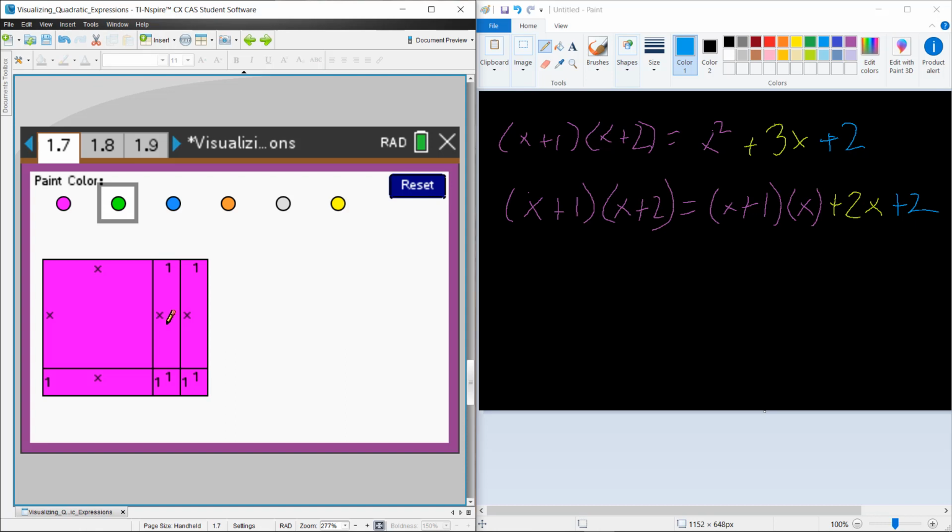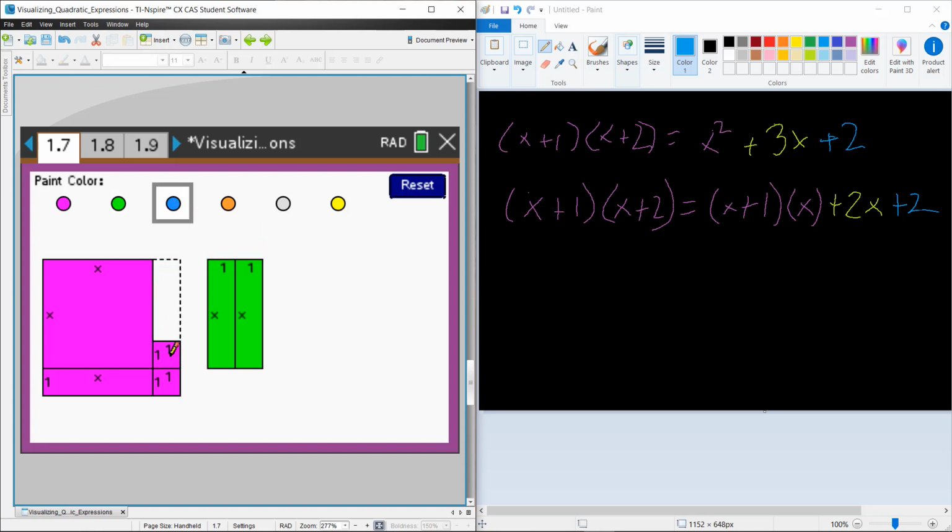Or you may have chosen another one that kind of looks like this. It was pretty interesting. You could have chosen to take away 2 of the x's and just 1 unit. And this one gives you a really interesting challenge. You'll notice that you have that perfect square over here again. So you have x plus 1 times x plus 1, but we're going to subtract off the x, and then we have plus 2x plus 1.